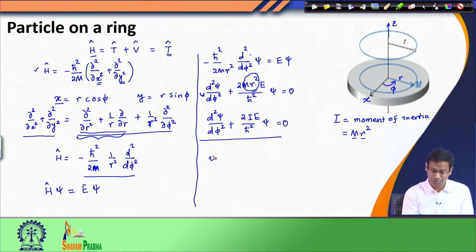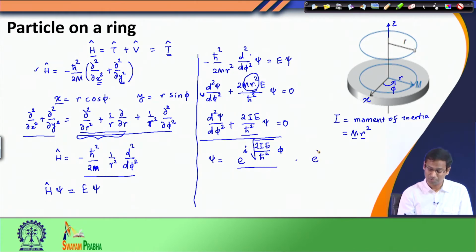If you remember the solution of this, you will see that the solution of this differential equation is essentially an exponential function, where the exponent is given as the square root of this term over here, multiplied by the coordinate. So, this is one solution. The other solution could be the negative of it, simply.